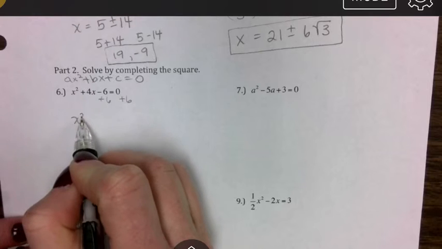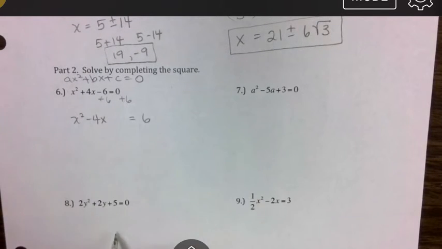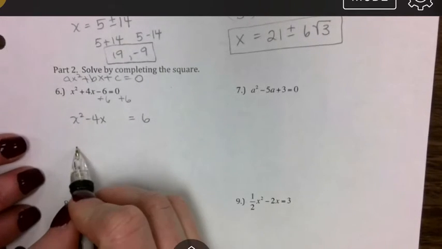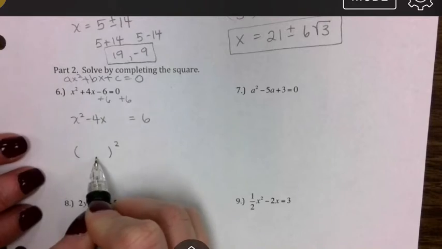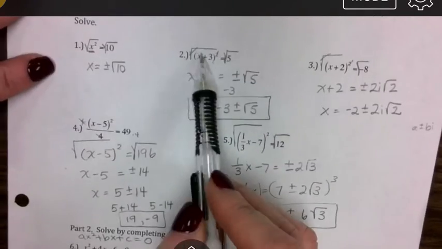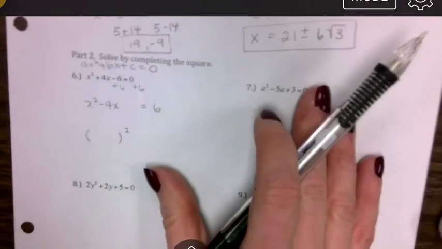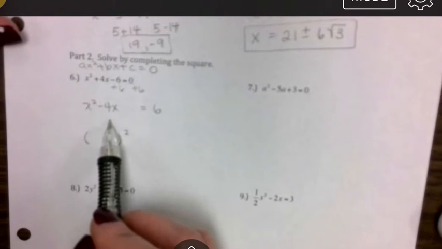So I have x squared minus 4x is equal to 6. Now this left-hand side is going to be our perfect squared. This is going to be our quantity squared, just like up here on number 2, where we had this quantity squared. That's what we're going to do down here with this minus 4x.